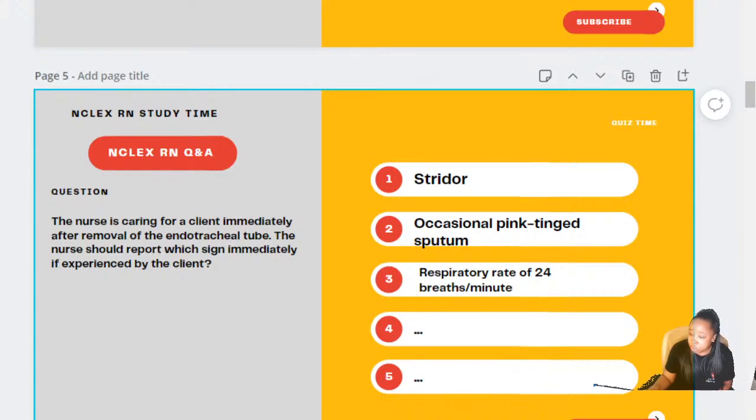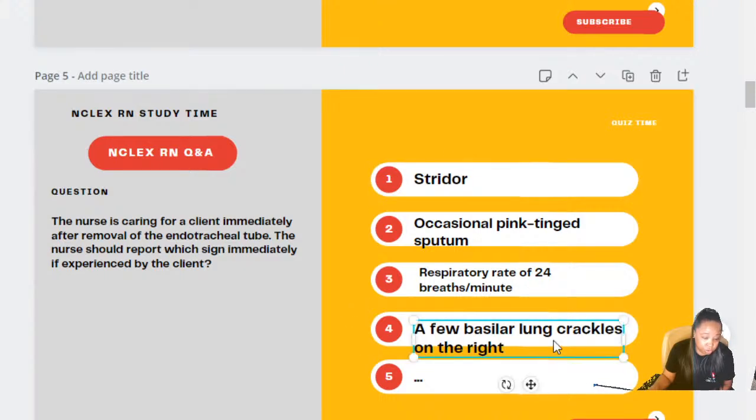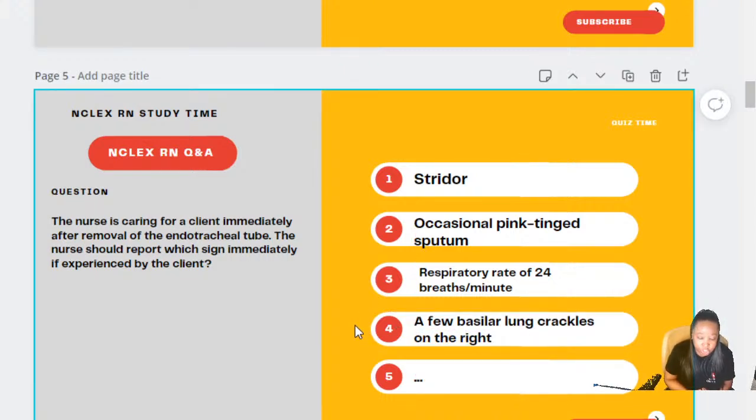The last one is a few bibasilar lung crackles on the right. Okay, if you hear crackles, you know what crackles mean? Crackles are like what you hear when someone has sputum. That patient is a respiratory patient, and that patient just had the ET tube removed. So that patient might have secretion in the airway.